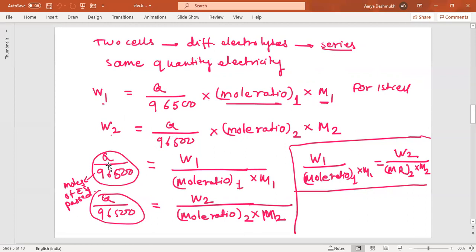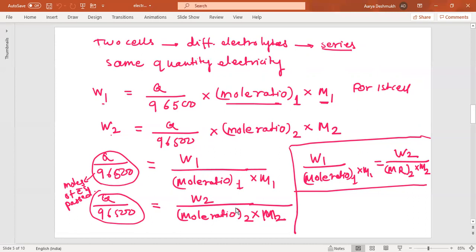Now, if you rearrange this equation, Q divided by 96,500 is the moles of electrons passed, equal to W1 divided by the mole ratio of the first cell into the molar mass of the first electrolyte. And the moles of electrons passed in the second cell can be calculated by W2 divided by the mole ratio for the second cell into the molar mass of the second electrolyte.